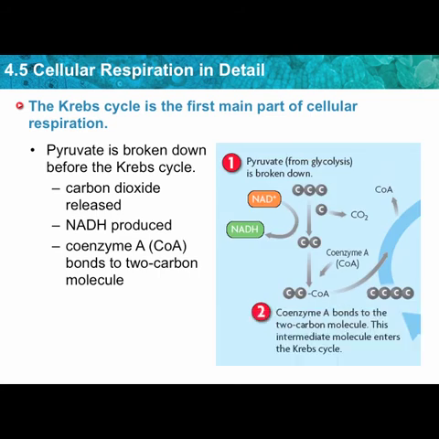So pyruvate from glycolysis is broken down. A carbon dioxide is given off. It's a 2 carbon molecule now because the carbon went to carbon dioxide. And acetyl-CoA facilitates bonding 2 of these together to form an intermediate 4 carbon chain that enters the Krebs cycle.